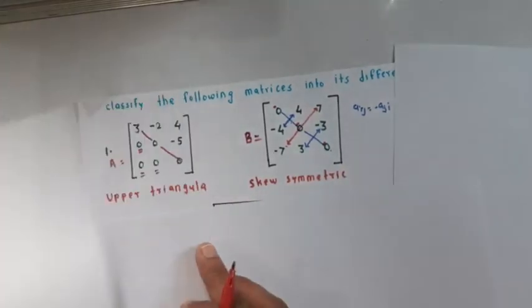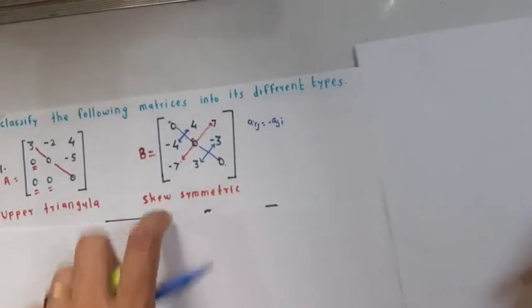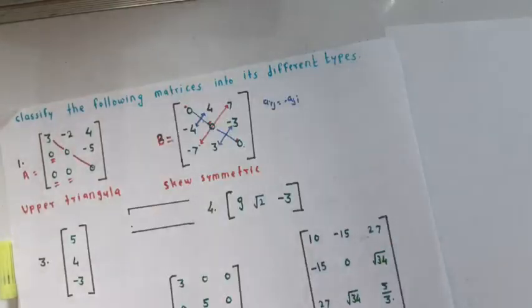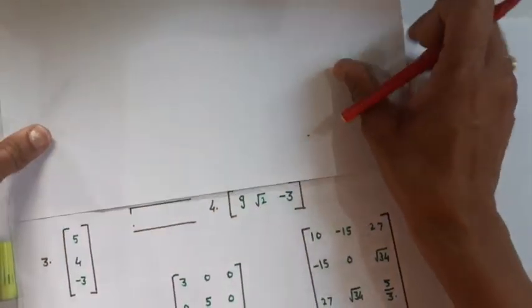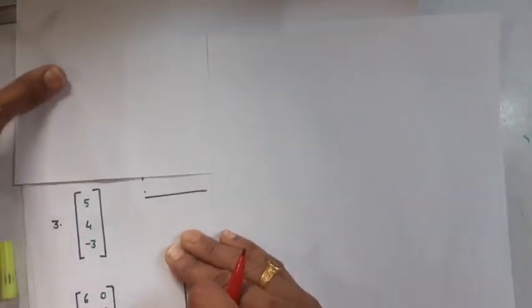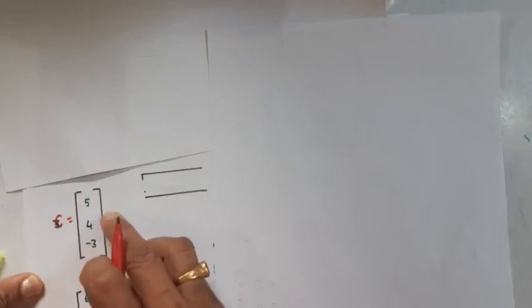Now let us see another. The other matrix, suppose this is the matrix C. Matrix C is 3, 5, 4, minus 3.